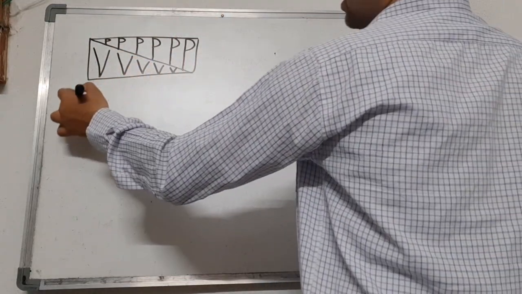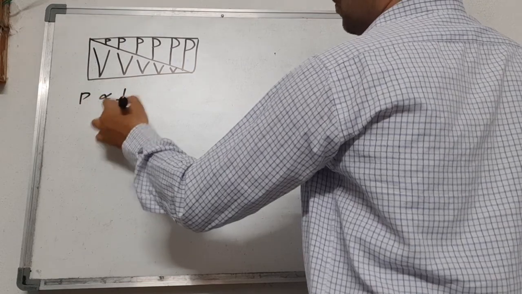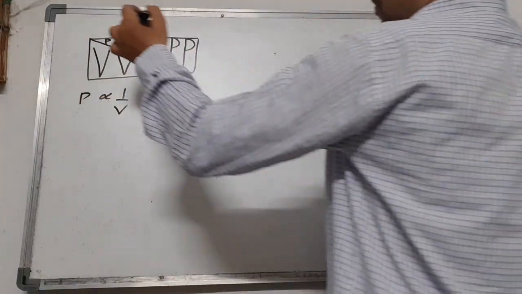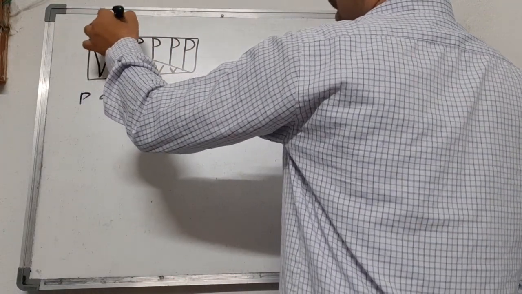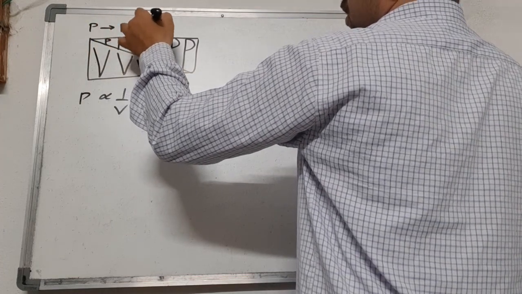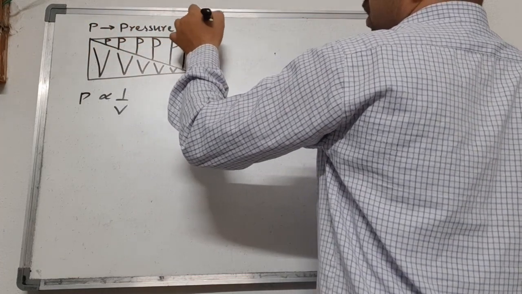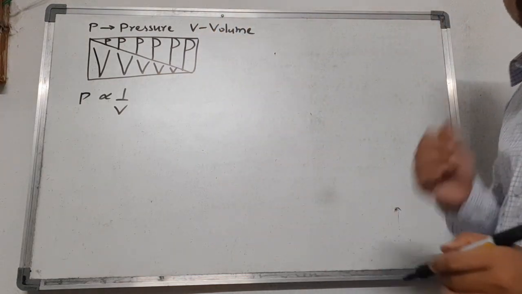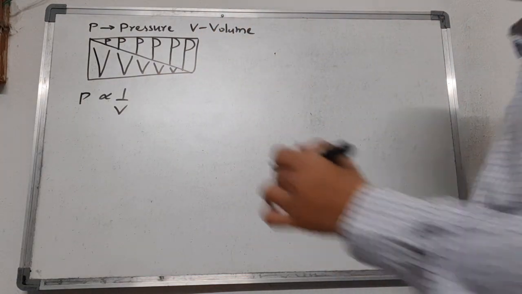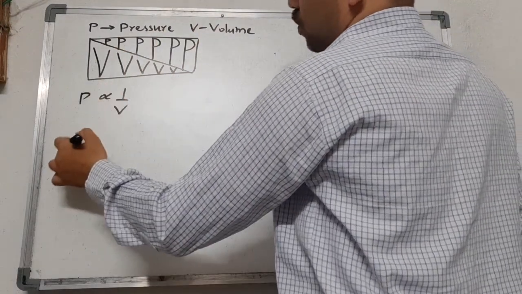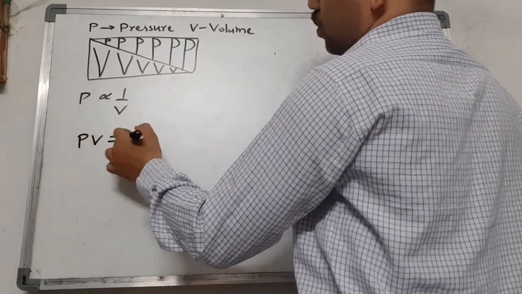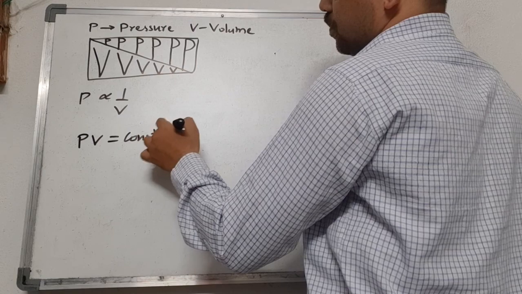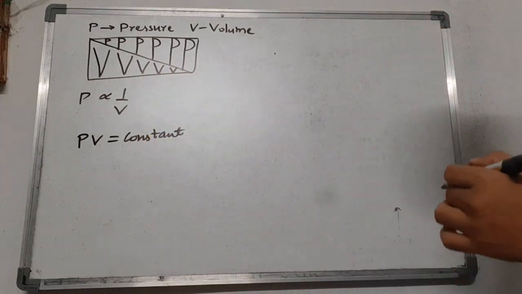So P is inversely proportional to V, where P stands for pressure and V stands for volume. So pressure into volume is equal to constant.